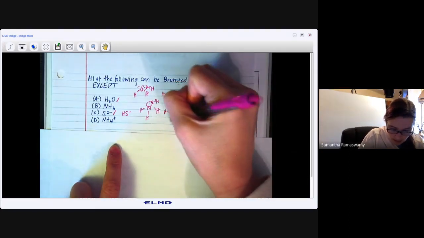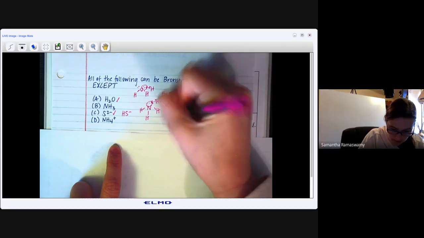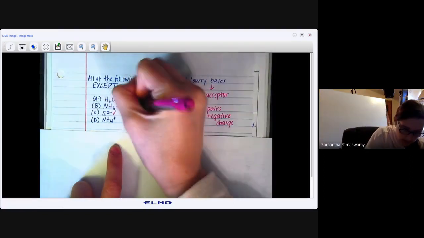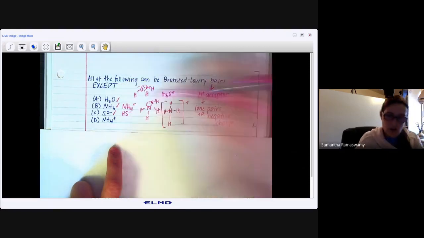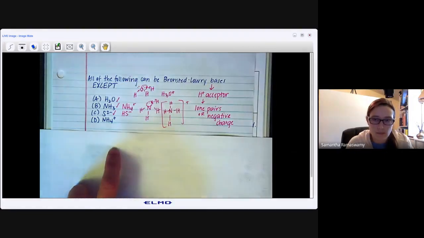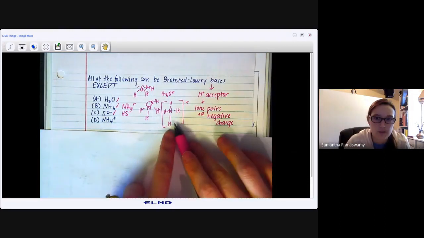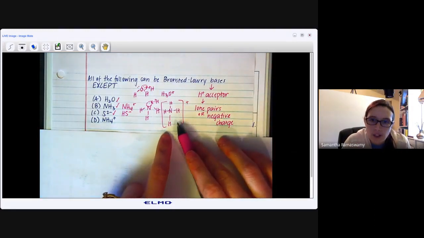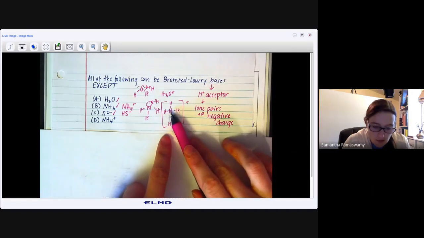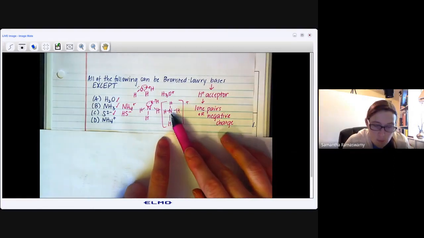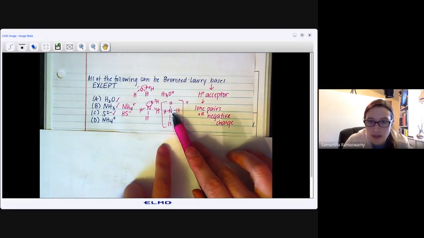Here's NH4 plus, a perfectly acceptable conjugate acid. Then we have NH4 plus. I'm going to use what I just drew. If you take a look here, nitrogen already has 4 bonds. In NH4 plus, nitrogen does not have any lone pairs to accept a proton.